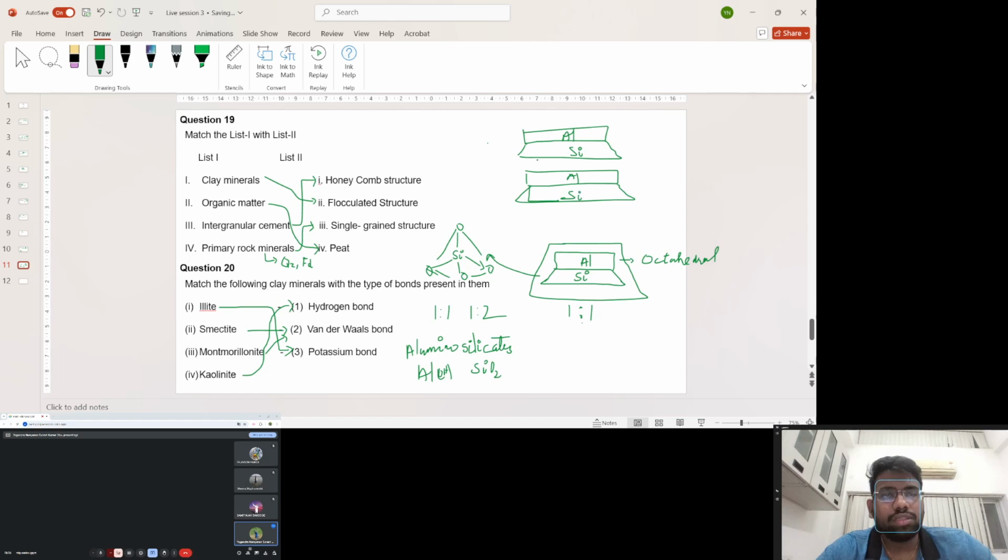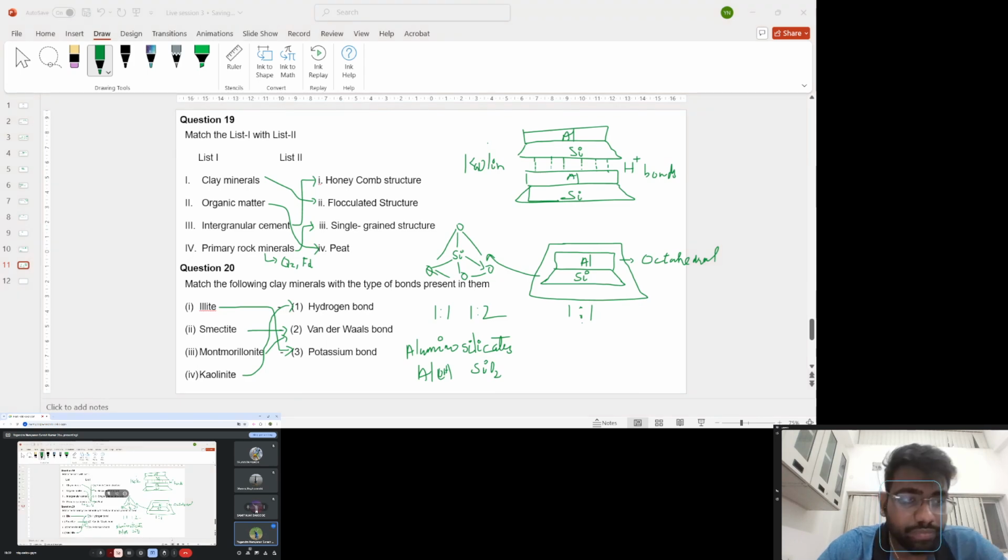These two are bonded by hydrogen bonds in the case of kaolinite. Okay, any doubts? If you are unable to understand, or if you have any doubts, please ask.